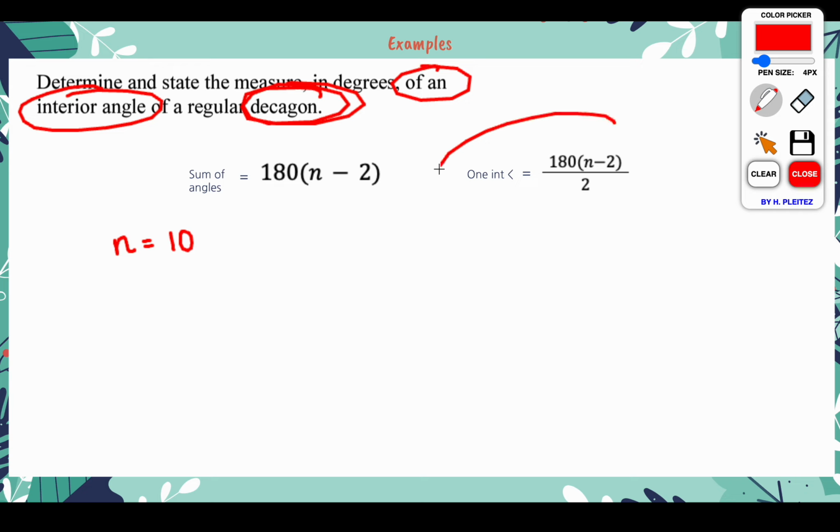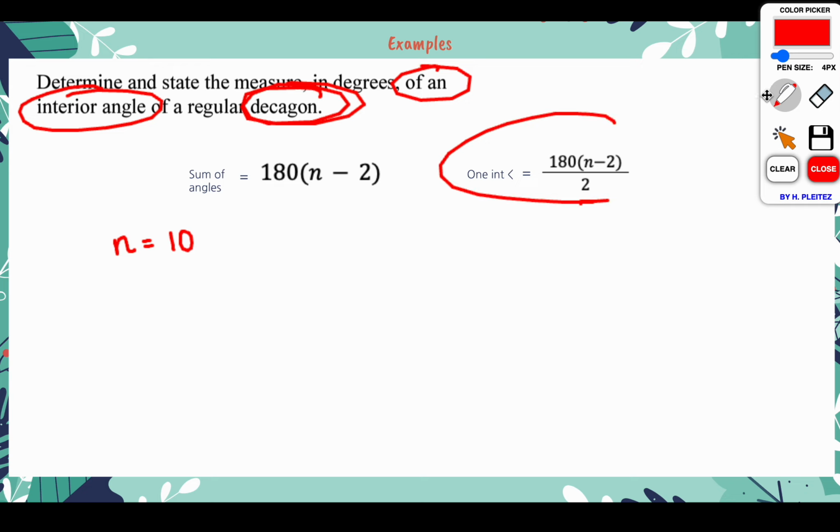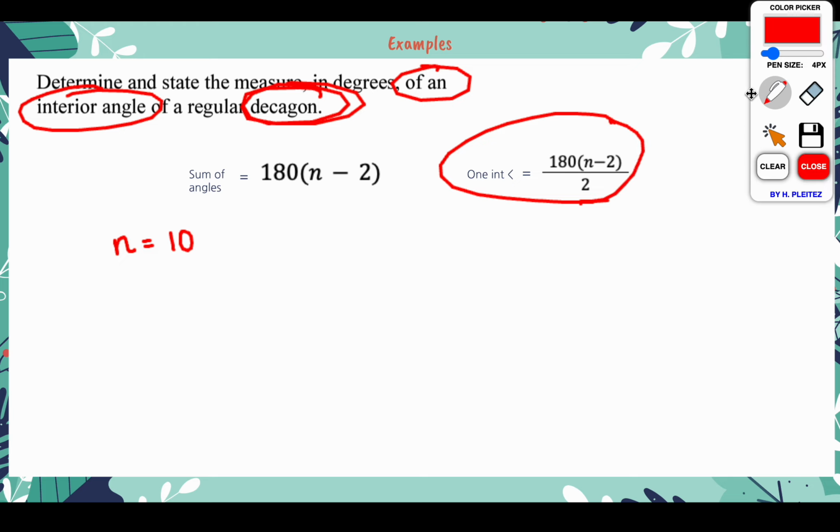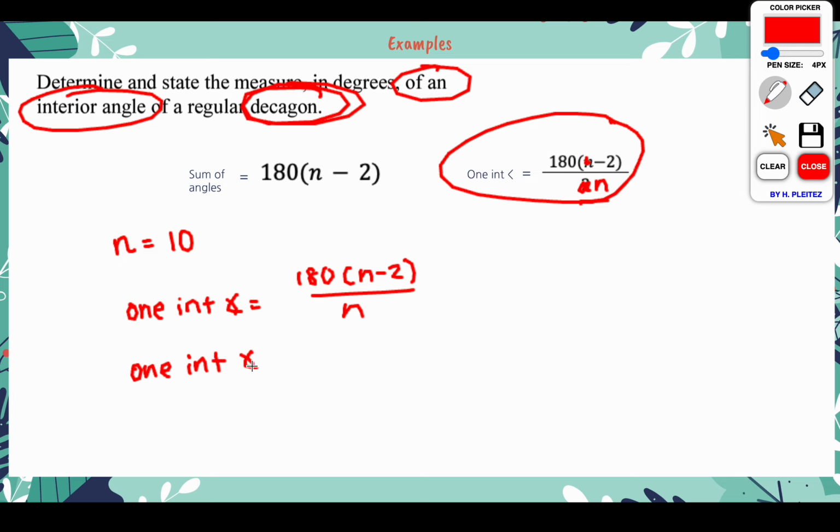So right now the formula is this one, because it doesn't give us anything about the sum. So I'm rewriting the formula: 1 interior angle equals 180 times n minus 2 over n. That should be n again. Now our n is 10, so we can substitute. So 1 interior angle equals 180 times 10 minus 2 over 10.